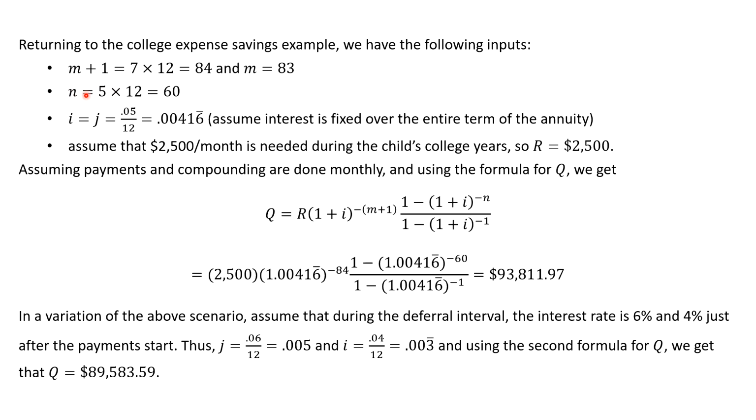Then N is the period where the payments are being made, so that's 5 years times 12, that would be 60. Then I and J are the same. We don't change the interest rate from the deferral period to when the money is being paid out. So that's approximately 0.0416.